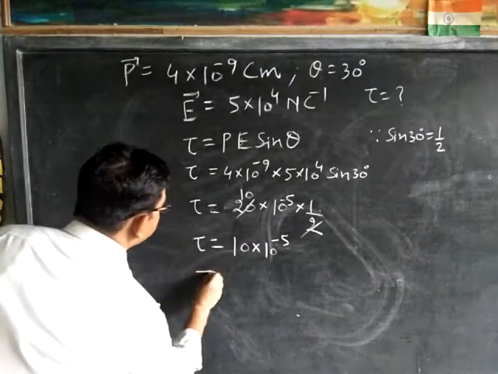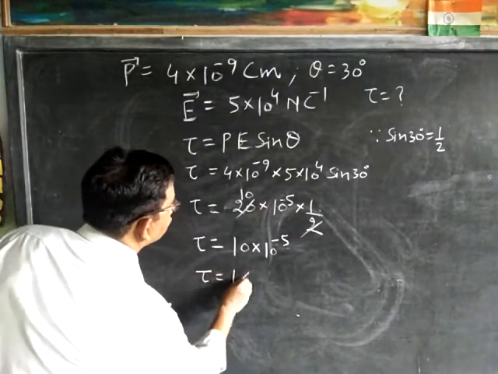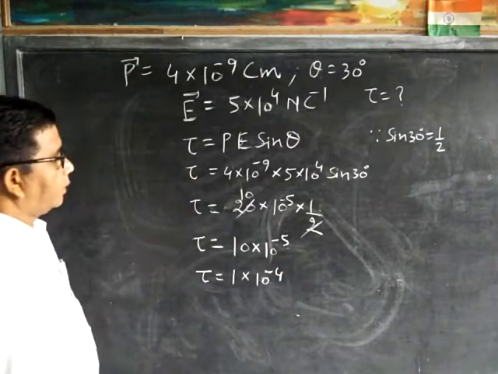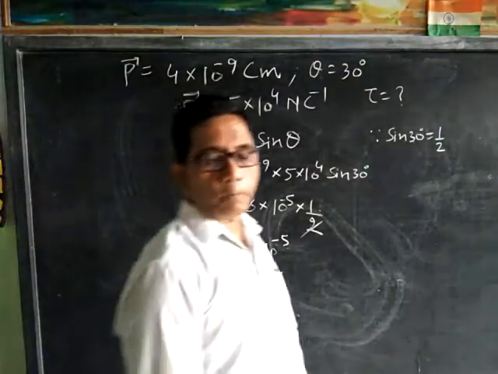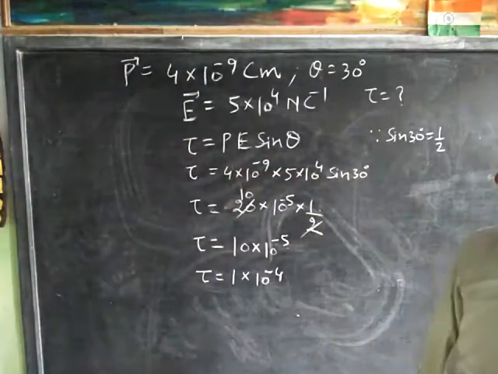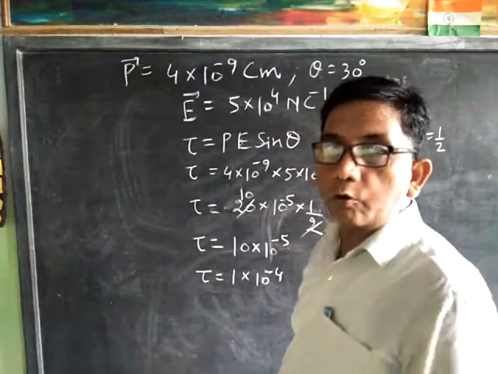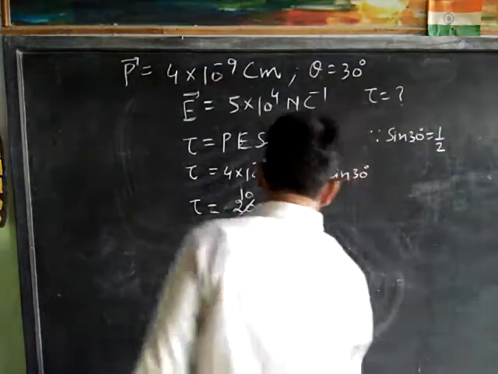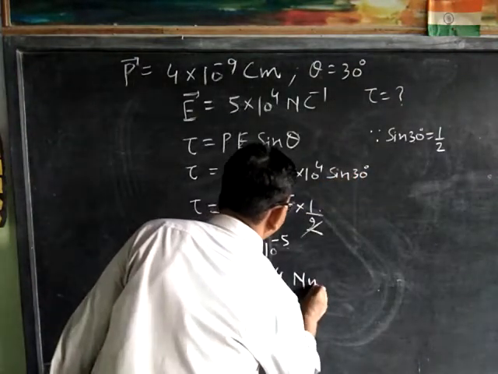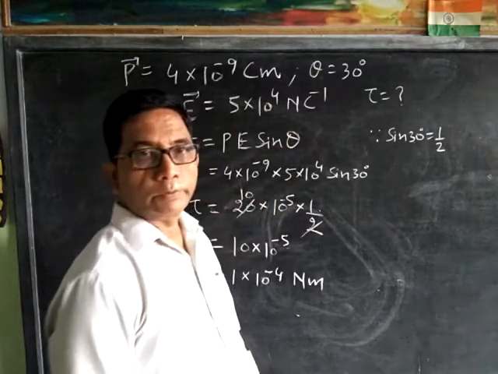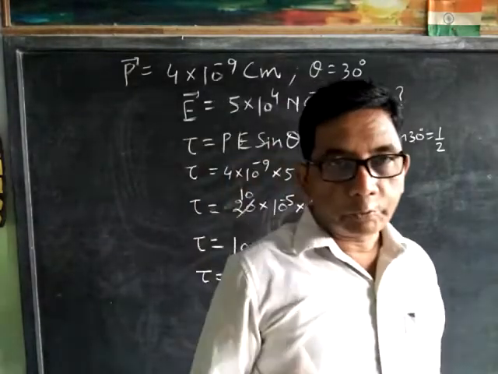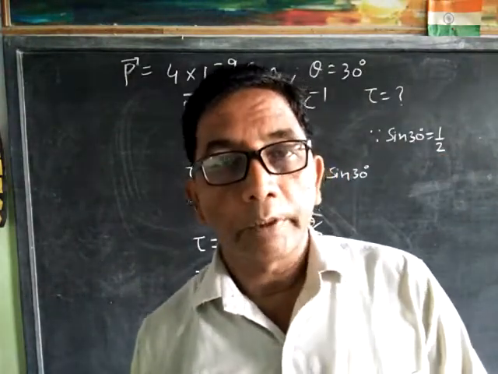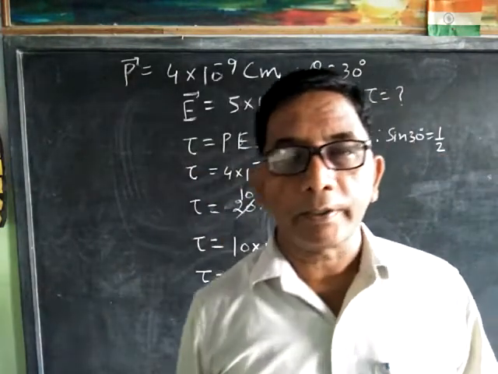This can also be written as 1 into 10 power minus 4. The unit of torque is force into perpendicular distance, that is Newton meter. You can solve many problems based on this topic. Thank you.